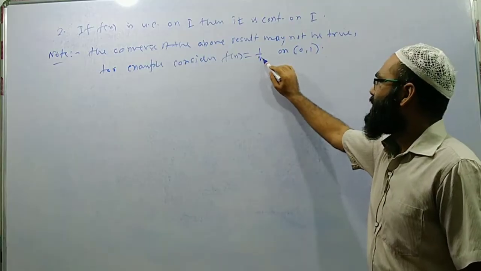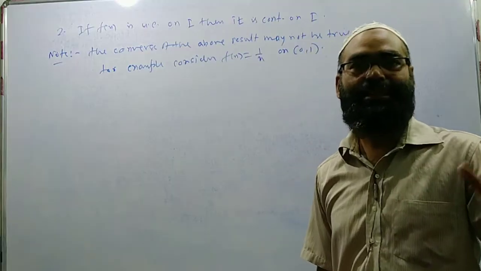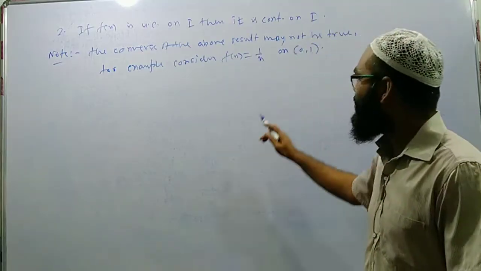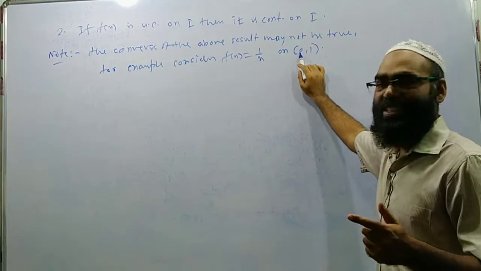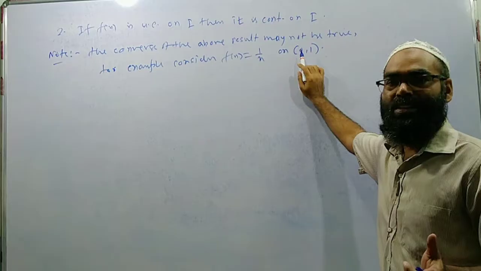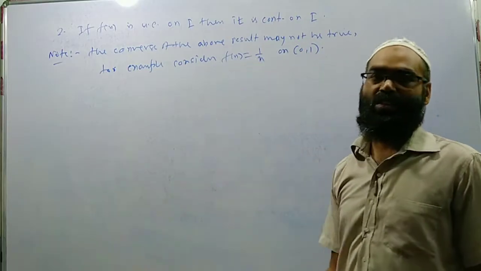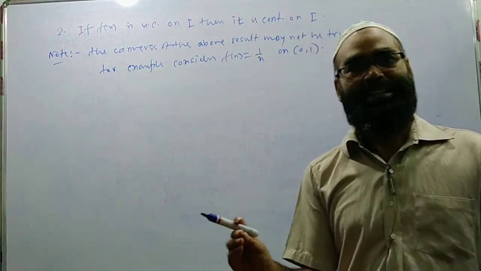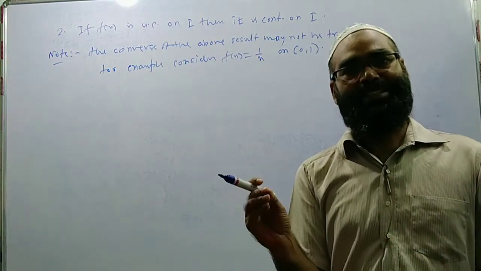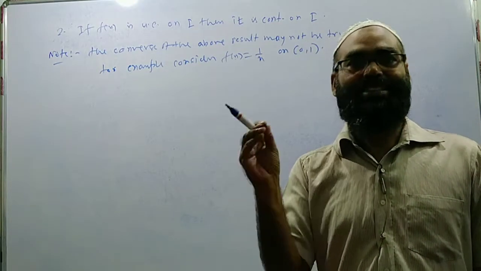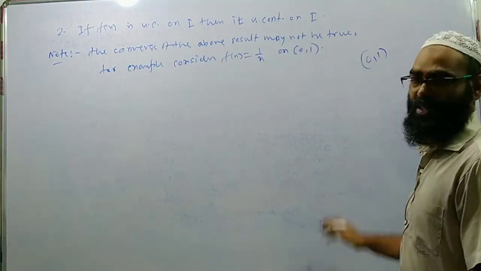Here 1 by x is an everywhere continuous function except at the origin, and observe that the origin is excluded from this interval. 0 does not belong to this. Then it is clear that f(x) is continuous on (0, 1), but in the previous problem we showed that the function f(x) equal to 1 by x is not uniformly continuous on the open interval (0, 1).